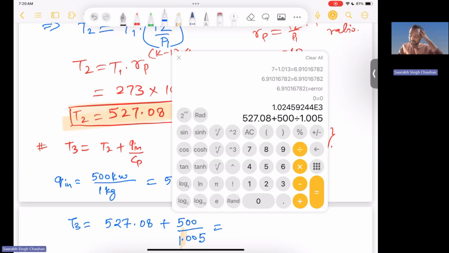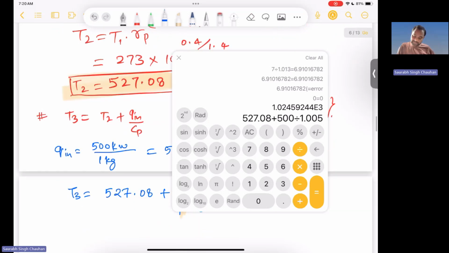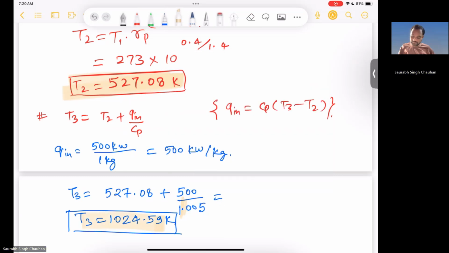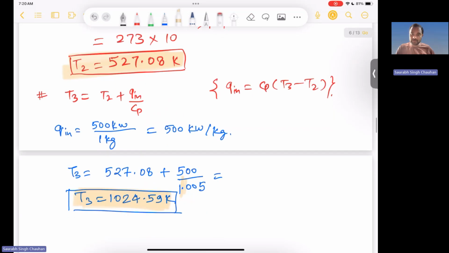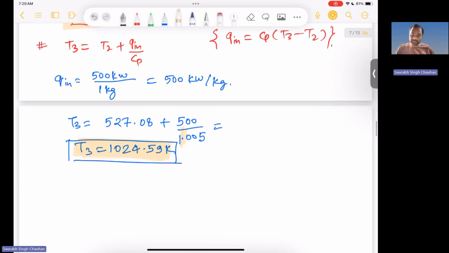So it is coming out to be 1024.59. We are getting T3 is equal to 1024.59 Kelvin. So this is T3. Okay. So now we have the temperature value at point 3.